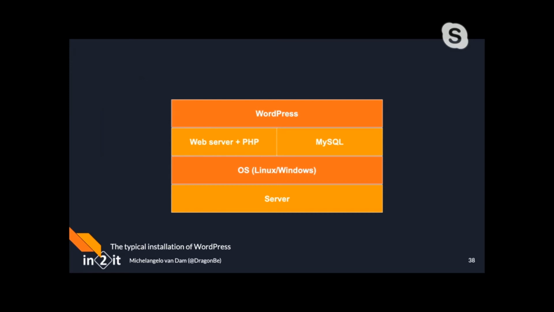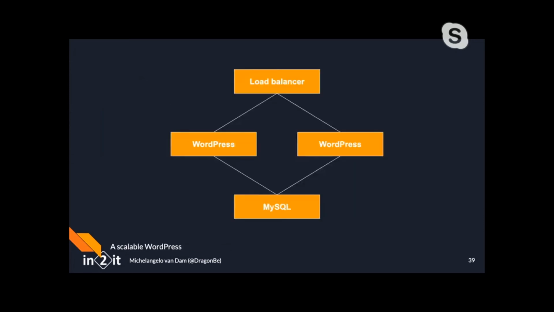And then I go look at how people are scaling WordPress applications, and I see, oh, we have a load balancer, and we have one instance of WordPress and another instance of WordPress, and we have a MySQL database behind it, or a MySQL cluster behind it.